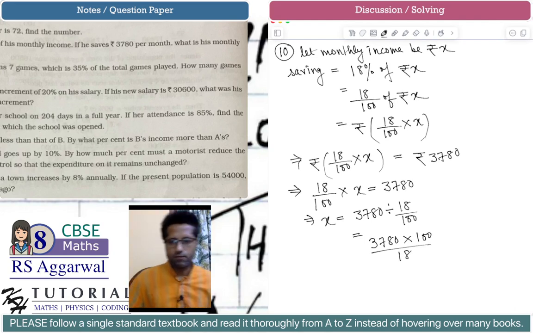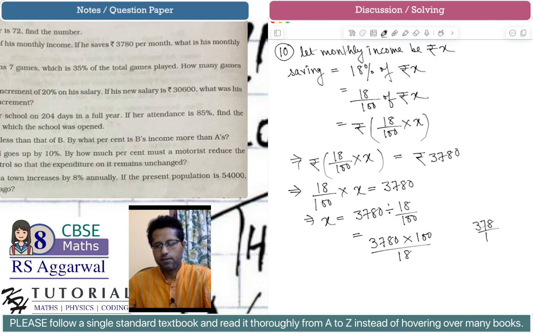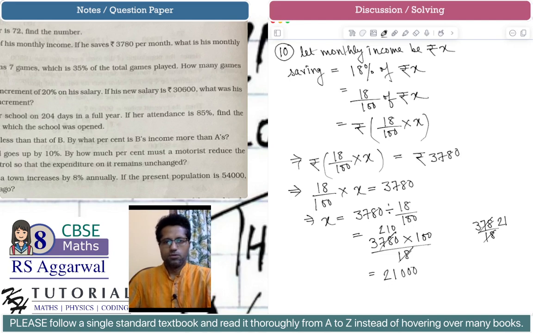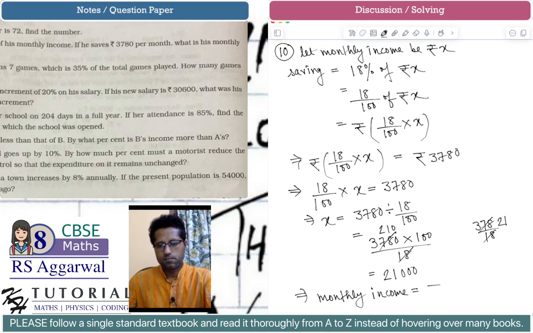Now I hope 18 will divide 378. Yes, so 18 divides 378, 21 times. So this is 210, so this becomes 21000. Therefore the monthly income is equal to rupees 21,000.